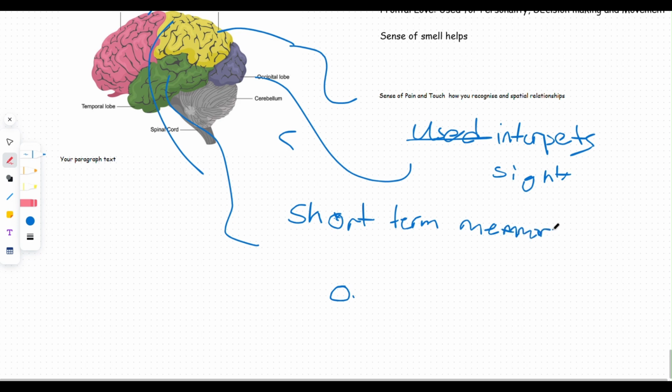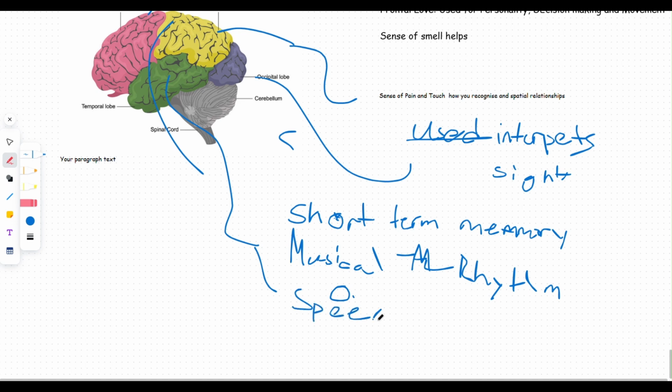It's also used for your musical rhythm, how you connect to beats and everything. Musical rhythm. And this also plays a vital role in your speech. That's basically it.